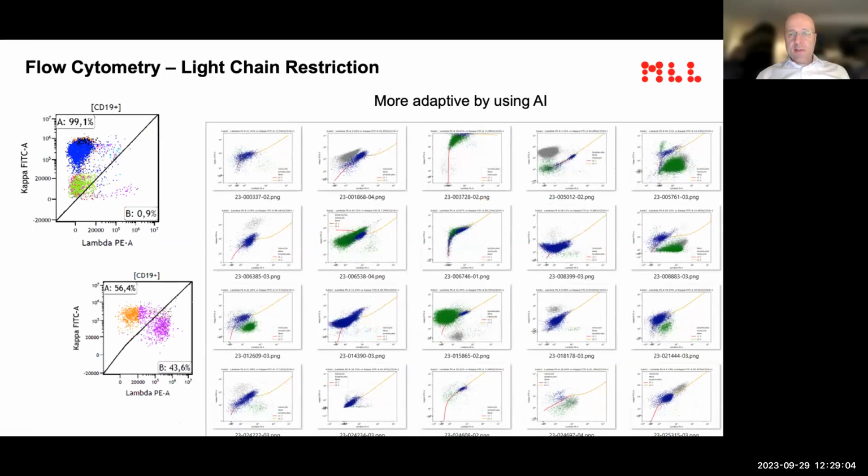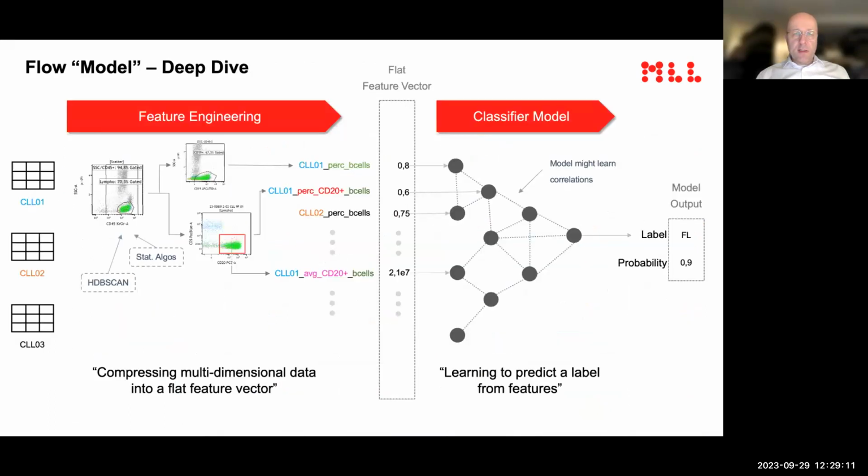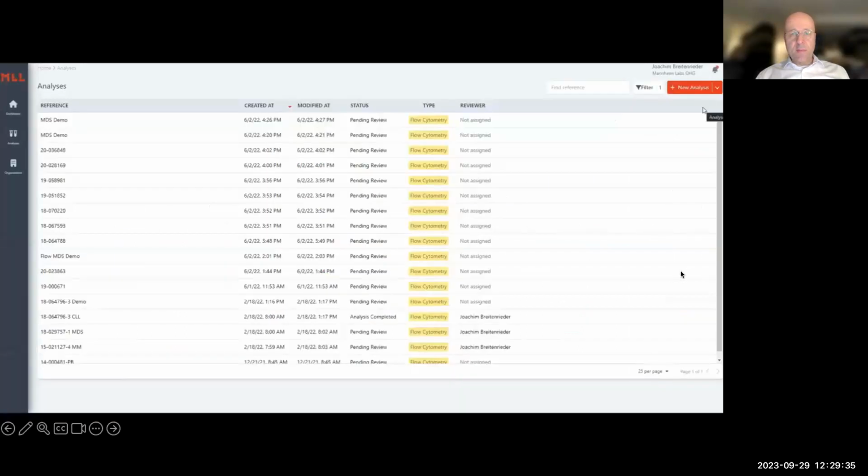And here you see some examples demonstrating how the algorithm learns to separate a couple of populations from lambda populations. And this is an example of additional features. So there are lots of features, as we've seen in one of the slides earlier, which have to be considered, weighted against each other and connected to each other in order to allow an output of a label and, again, a prediction probability.